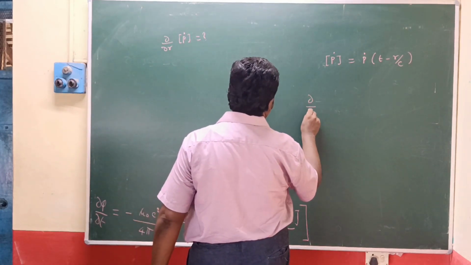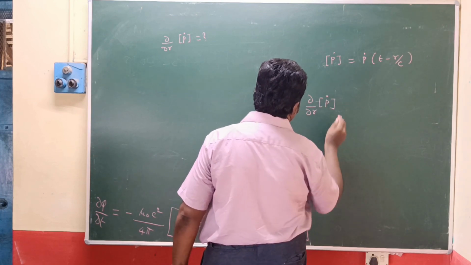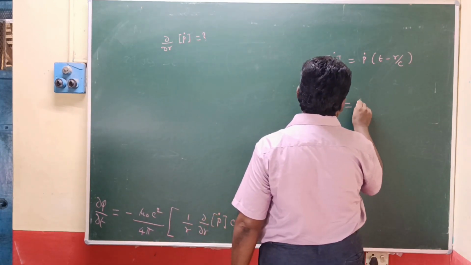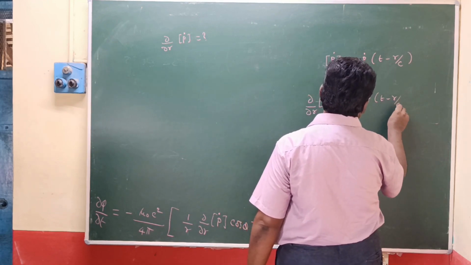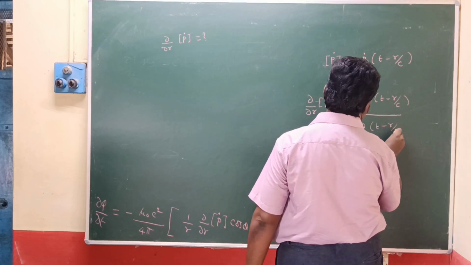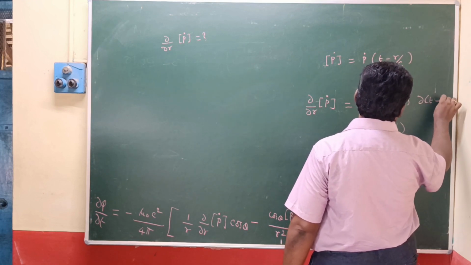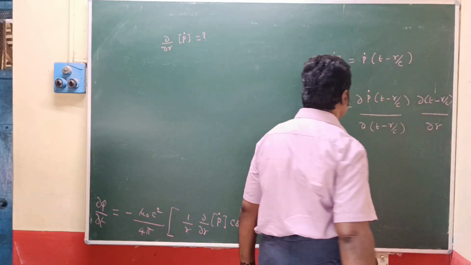Then ∂/∂r of [p dot] inside the square bracket is equal to ∂p dot(t − r/c)/∂(t − r/c) into ∂(t − r/c)/∂r.